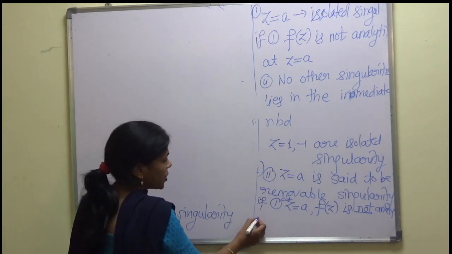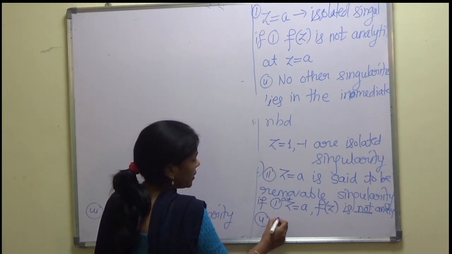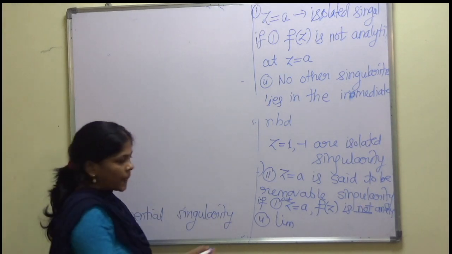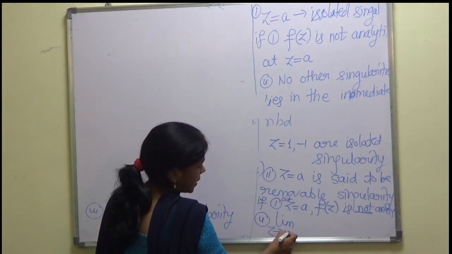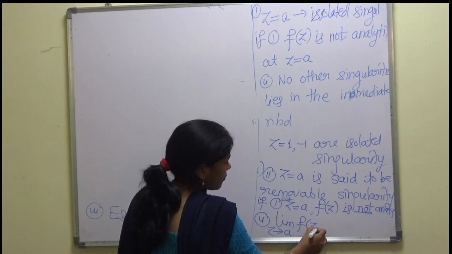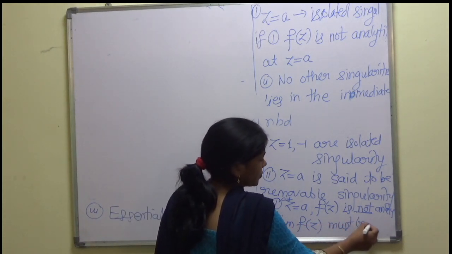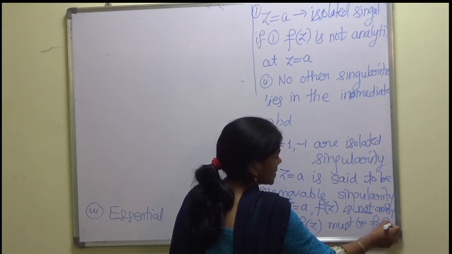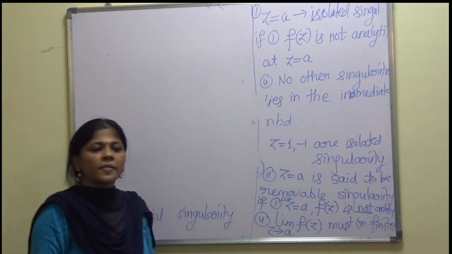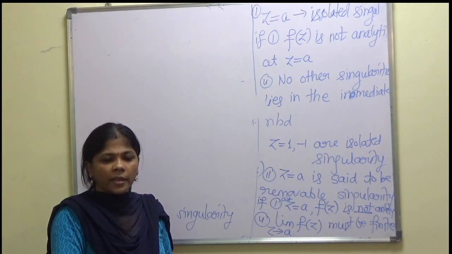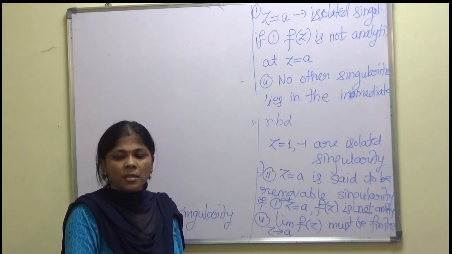The second condition is that the limit as z tends to a of f of z must be finite. If you are getting the limit as z tends to a of f of z as a finite value, then you can say such a singularity is a removable singularity.